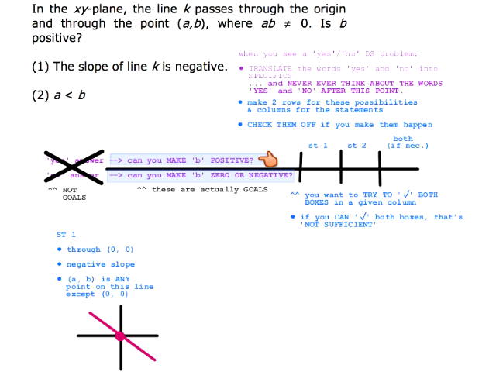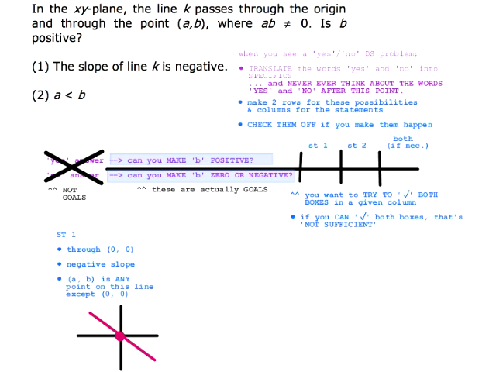Can you make B positive? Yeah, because if you have this picture, then neither coordinate is 0. So you're not going to get 0 here, but you can think of that along the way. It's not going to change the outcome. It just keeps you from picking the origin. But can you make B positive?